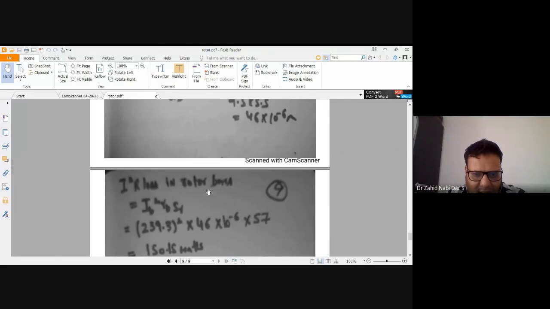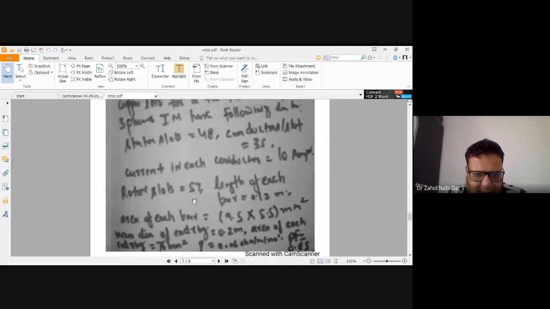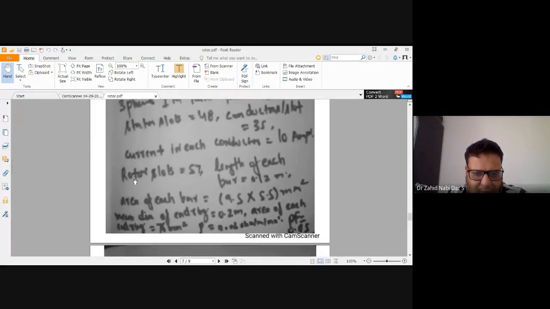Similarly, the I square R loss in the rotor bars. In the rotor bars there is resistance, but what is SR? The rotor is characterized by the total number of rotor slots, and the resistance of each slot would be RB.